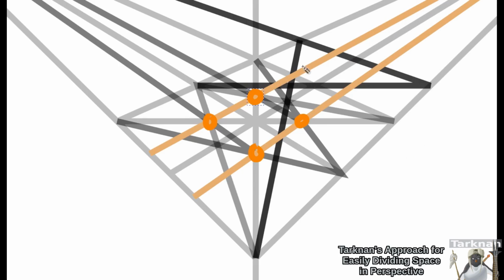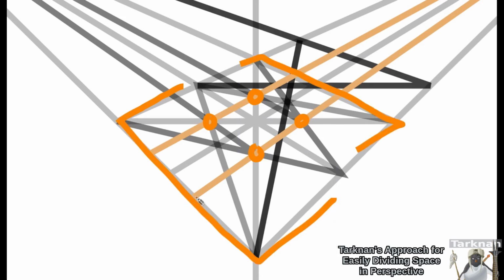And since these divisions have been turned perpendicularly to the right vanishing point, this original square is also divided into thirds going in this direction.